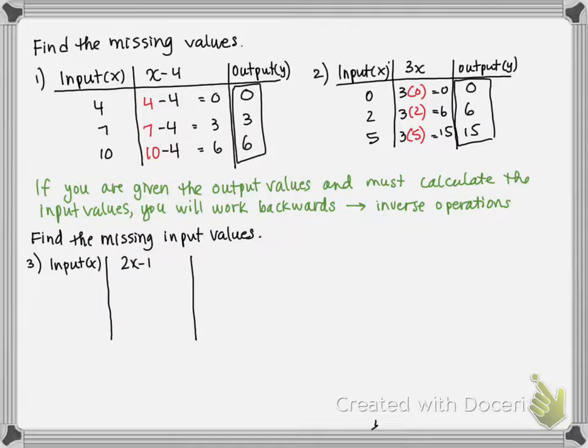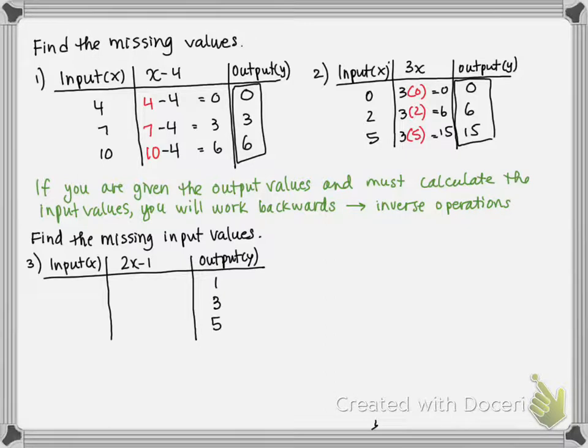And then we have the output, which is like our y value. And those are the values that they're going to give us. Let's do 1, 3, 5.